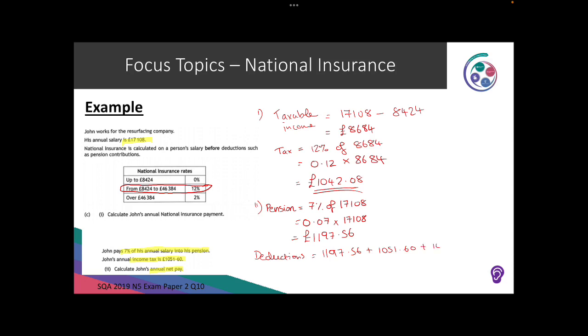And the question doesn't mention the national insurance, so you need to be careful that you're also factoring that into his deductions there. So 1197.56 plus 1051.60 plus 1042.08. And that gives me a deduction total of £3,291.24.